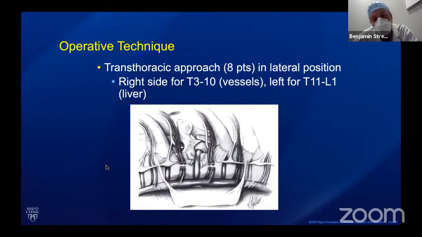The approach is over the rib of the inferior vertebra. So for a T8-9 disc herniation, they would follow the level of the 9th rib, which would then be resected at its base. And I have a couple more pictures of their beautiful illustrations here to describe their technique. They've reflected the parietal pleura and ligated the segmental vertebral vessels here.